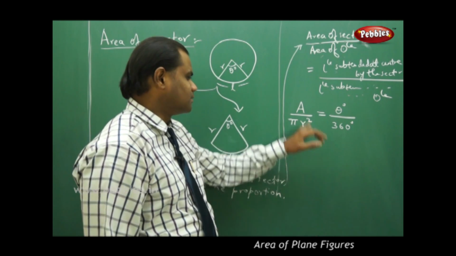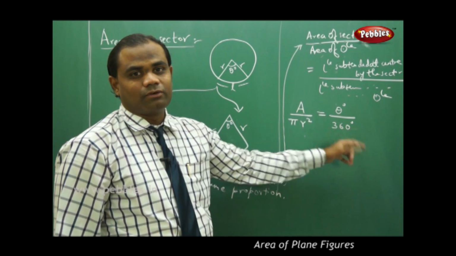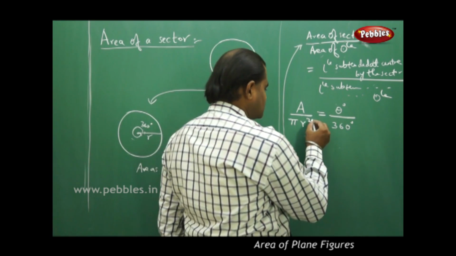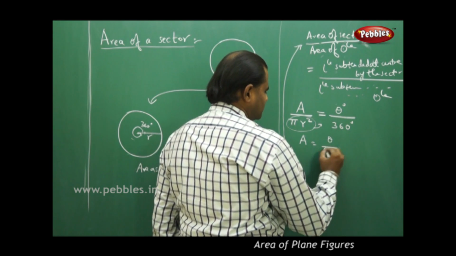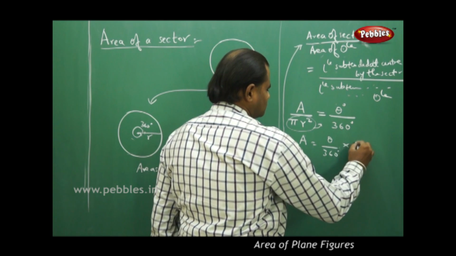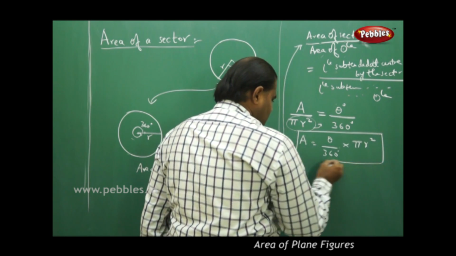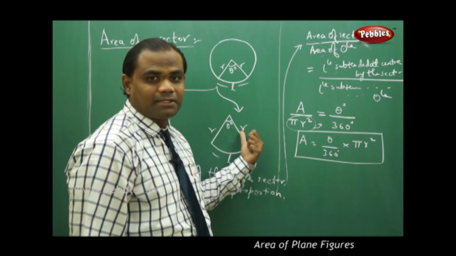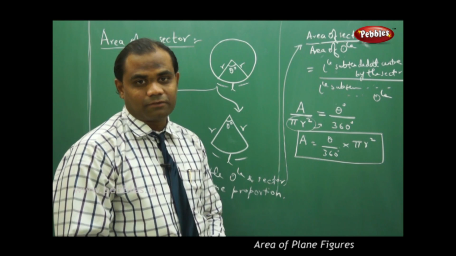So the area of the sector is obtained by taking areas and angles in the same proportion. Taking this term to the right, I get area equal to theta by 360 into pi r square, which is the area of the sector of subtended angle theta and radius r. So this is how we obtain the area of the sector.